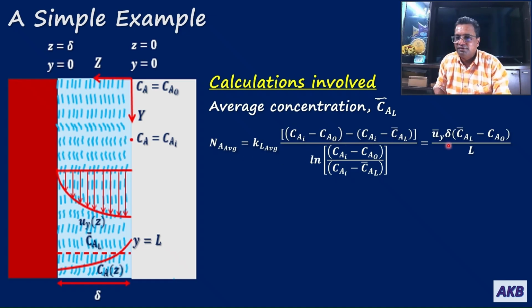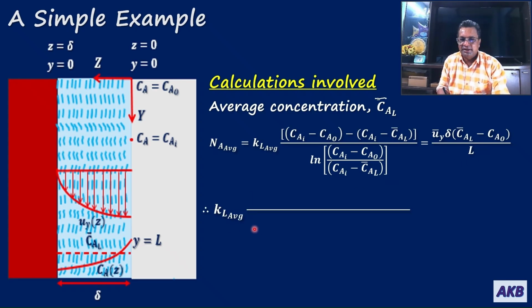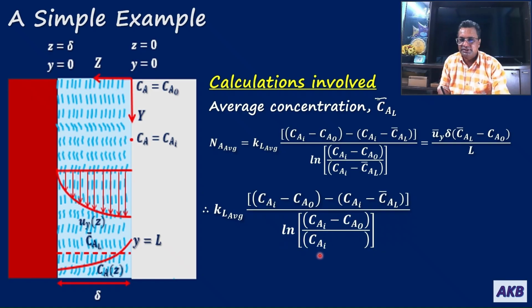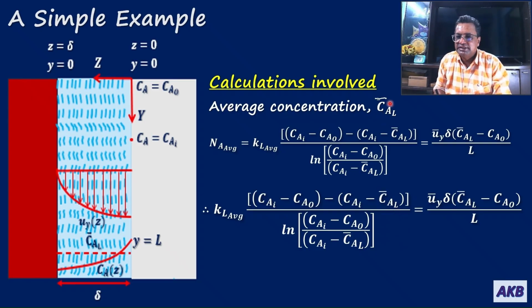At the same time, NA average is also Uy bar into delta into (CAL bar minus CA naught) by L. Equating these two gives an equation in which CAL bar is the unknown, so you just have to solve it for CAL bar. In this way you can find the average concentration CAL bar.